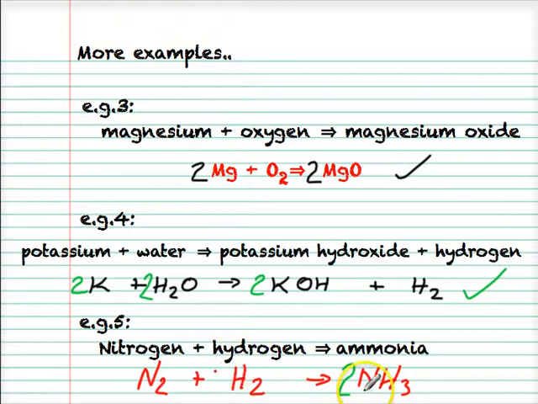On the left we have 2 hydrogens, and on the right we have 2 molecules of ammonia, so that's 2 times 3, that's 6 atoms of hydrogen, and only 2 here. How can we make up the difference? How can we make this into 6? We need to put a number in front, 3. So now we have 3 molecules of hydrogen here, that's 6 atoms of hydrogen, 6 atoms of hydrogen here, 2 atoms of nitrogen, 2 atoms of nitrogen, balanced.